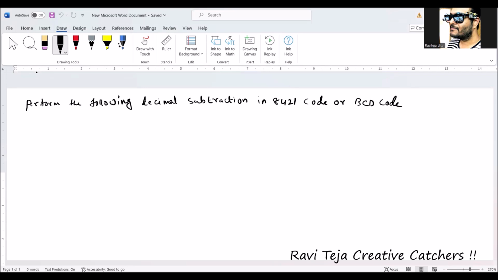Let's take the first problem. Our first problem is 38 minus 15.